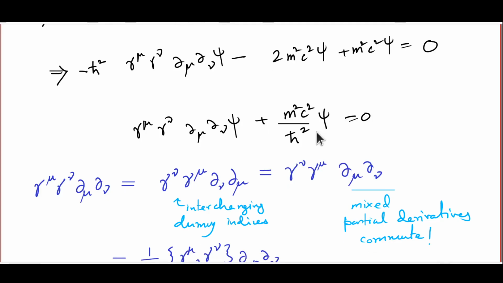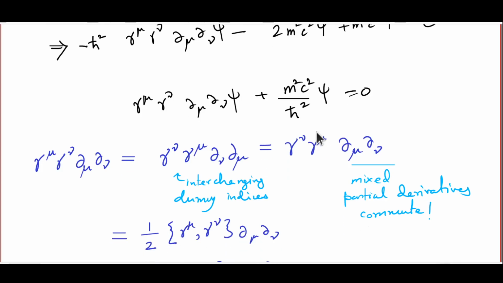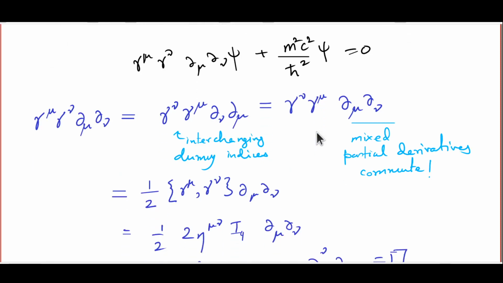But then, if two things are equal, then they are equal to half of their sum. Using that, we see that both of these expressions are really equal to half of the anti-commutator of gamma mu and gamma nu times del mu del nu.